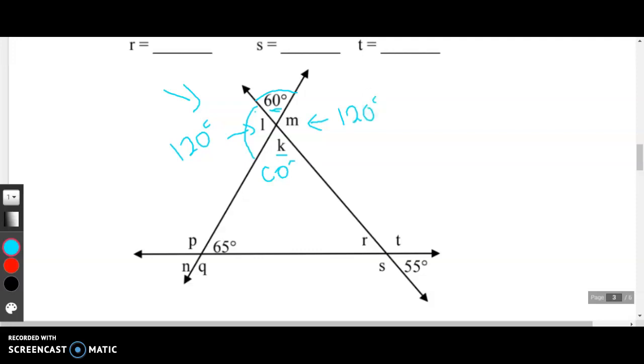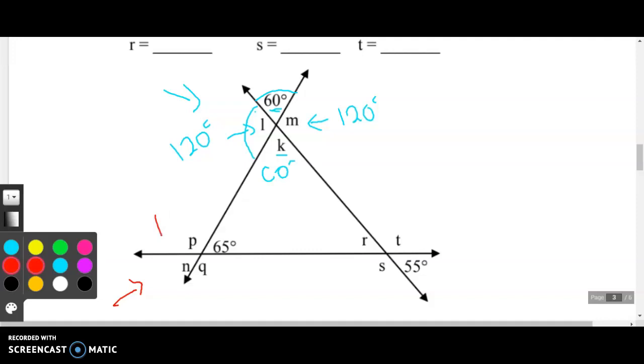See how we're getting a lot faster at this? Let's go down to the bottom left. If the known angle is 65, then the adjacent angles are supplementary, so P plus 65 equals 180. Well, what plus 65 equals 180? 115. And if 115 plus 65 equals 180, I don't have to do any more math.